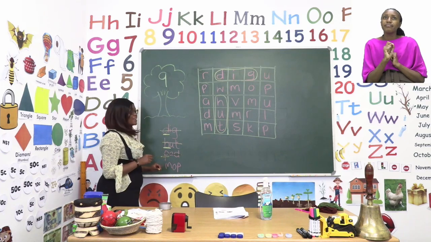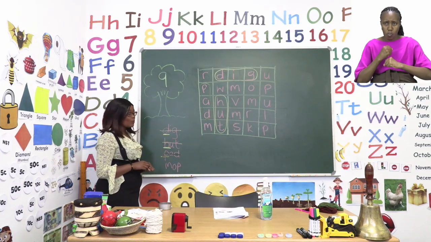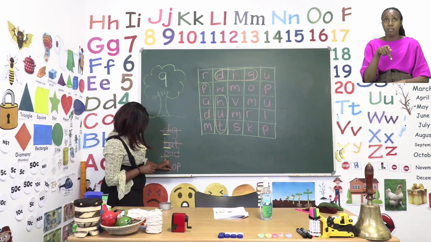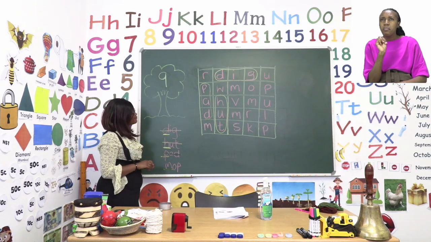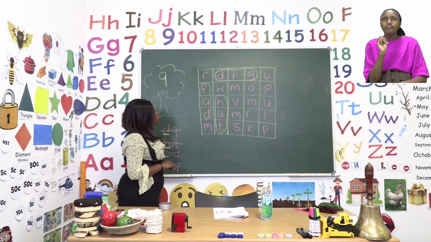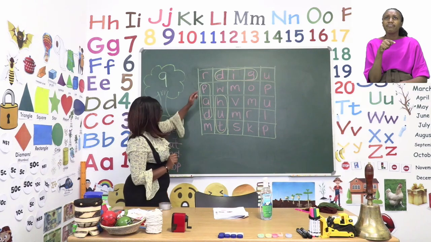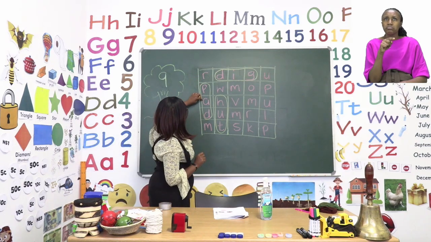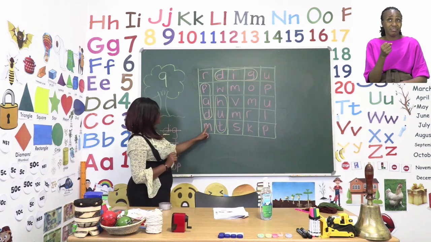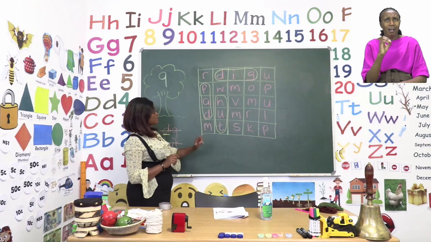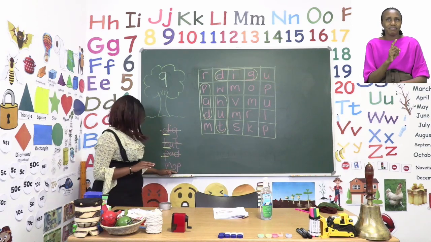The last one we have is the word mop. We start by looking for our M. I think I'm going to try and go down this time. So we're looking for our M. Oh, there's an M here, but there's no O next to it, so it's not the correct one.